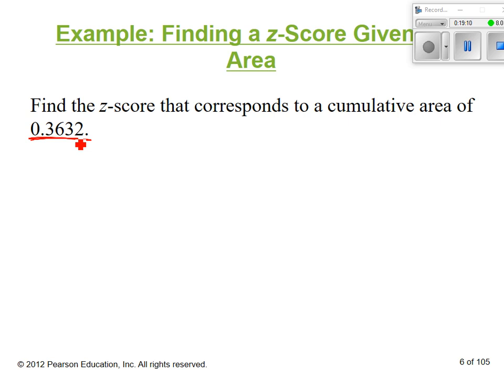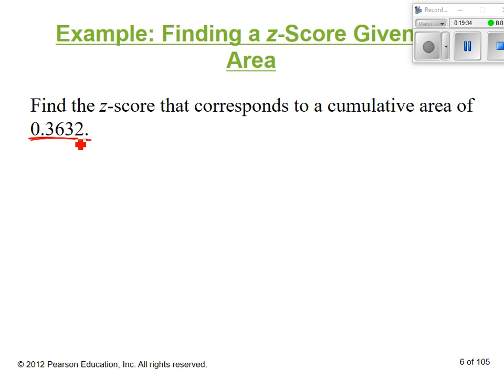Well, if we're less than 50%, then we're going to be in the negative z-scores. If we're more than 50%, then we're going to be in the positive z-scores. So I'm just going to try to find 0.3632 on here. And I might be able to do it. 0.3632 is right there.